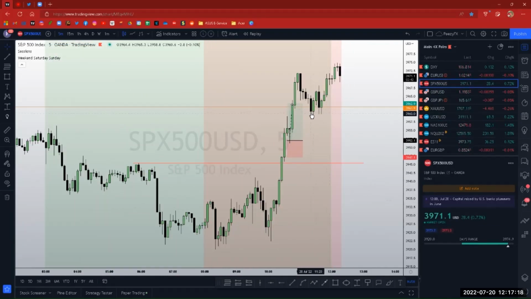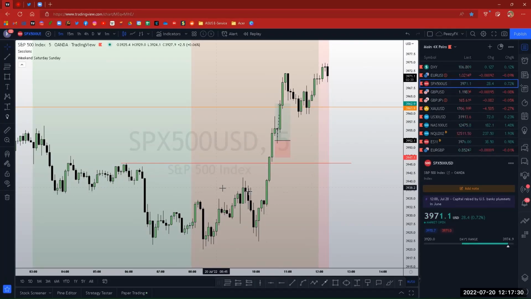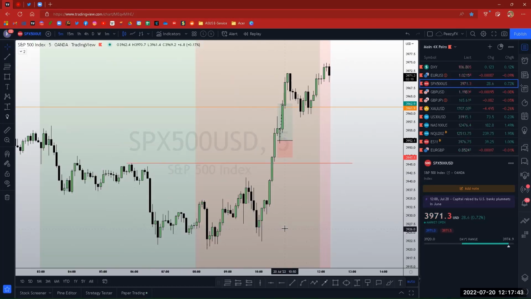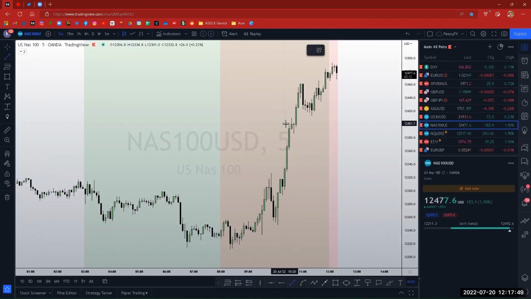But I did not take the buy right here on SPX because if I'm gonna trade two pairs at one time, it's gonna be a currency pair and an index. It's rarely two indices at the same time. Try not to do that. Even though it's easy, because look at NAS 100, same thing. They all are directly coordinated.